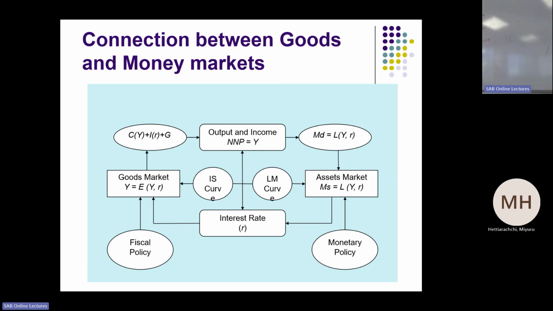Fiscal policy controls the macro variables, monetary policy controls the monetary variables. Finally, the interaction between these variables affects the equilibrium and determines equilibrium income and equilibrium interest rate in the IS-LM. Now, the next step is that we are going to talk about its policies, how we can explain the IS-LM.